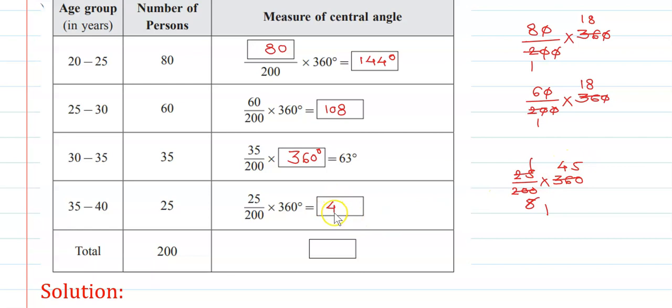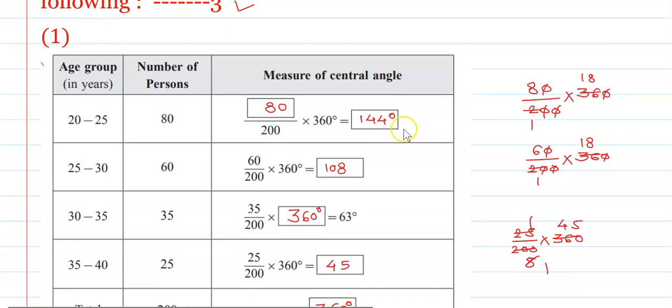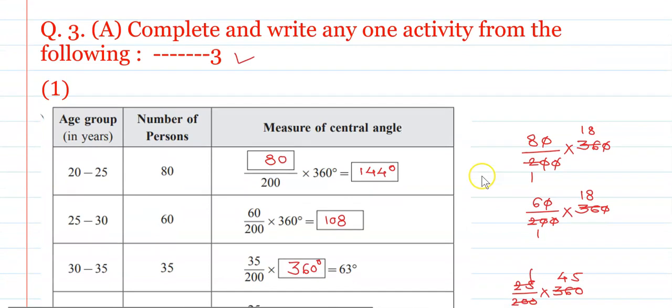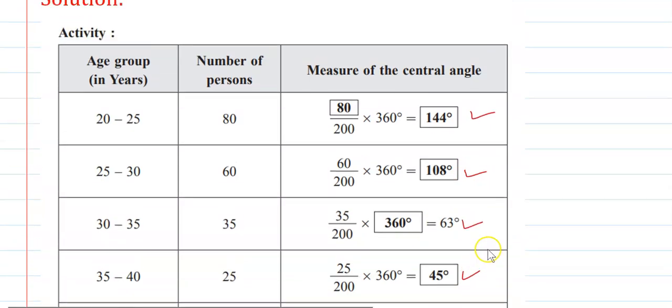Therefore the measure of the angle is 45 and total is 360. In this way we have completed this activity, the measure of the angle, to draw the pie diagram. The first is 144, second is 108, third is 63, 45, total is 360.